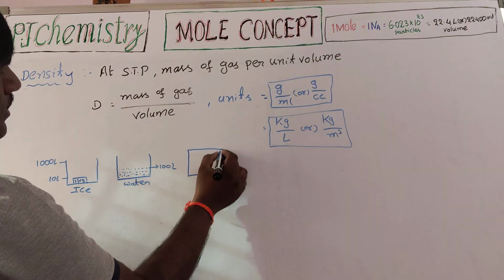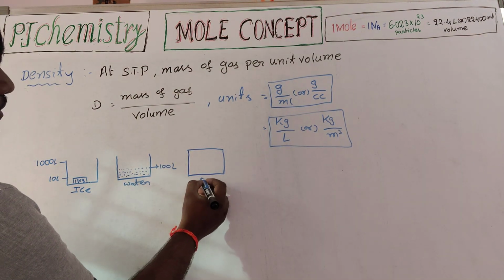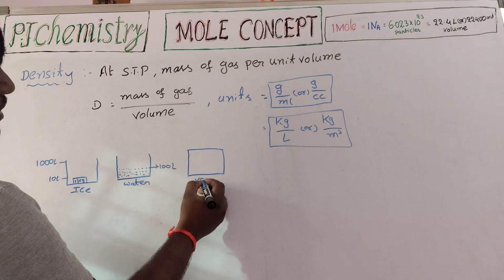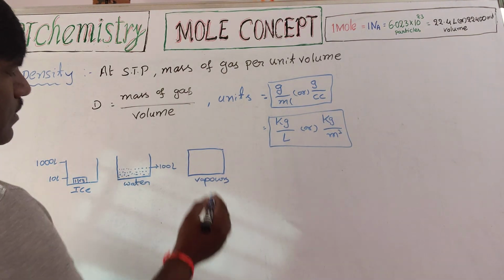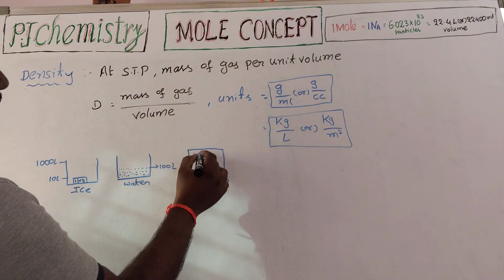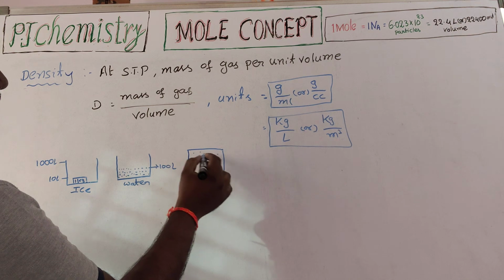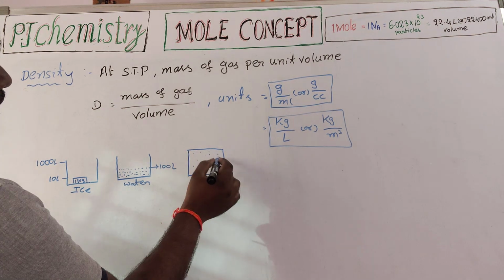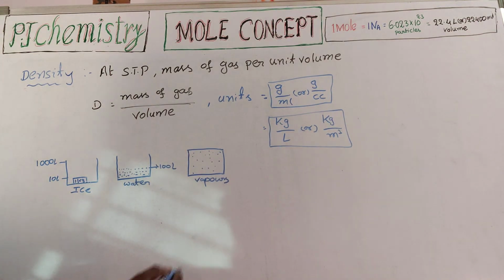Next container, it is in vapor state. A closed container with the same capacity. In vapors there is negligible attraction between the particles, so they can move and occupy the complete volume of the container.